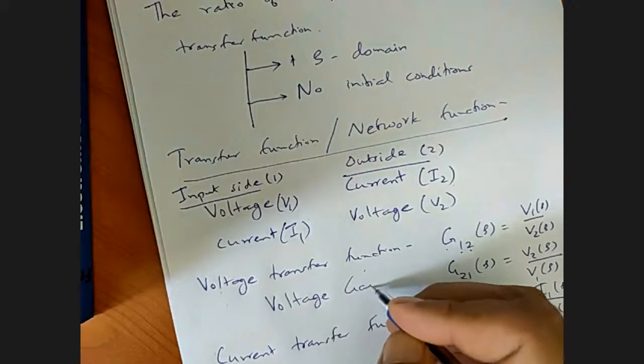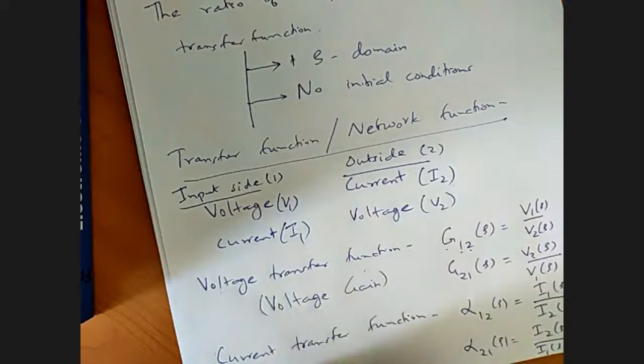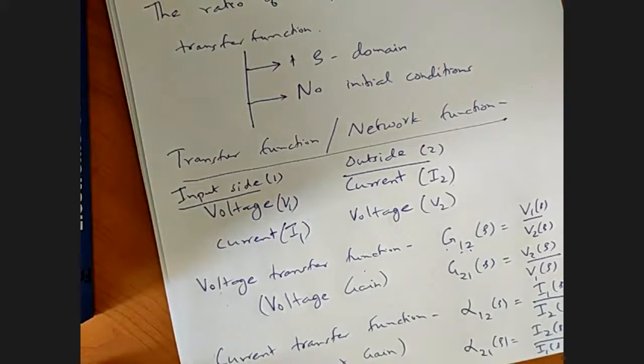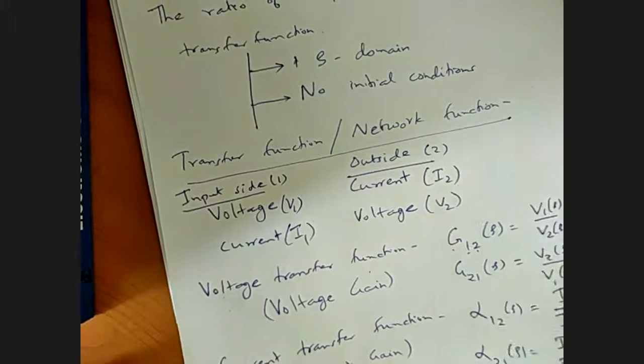These are also known as voltage gain and current gain. So these are for when we are talking about both-side voltage and both-side current. Now we can have one-side voltage and one-side current.